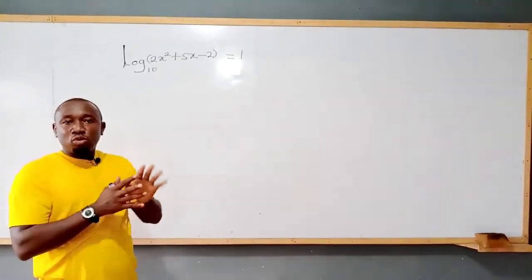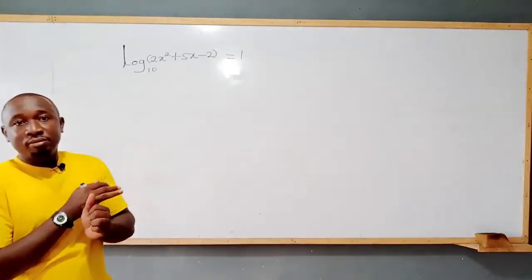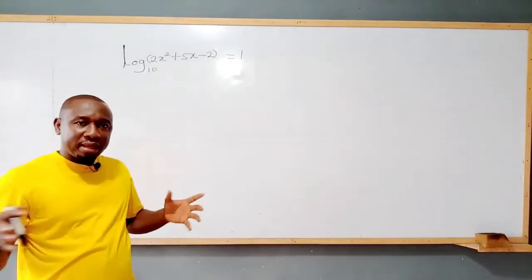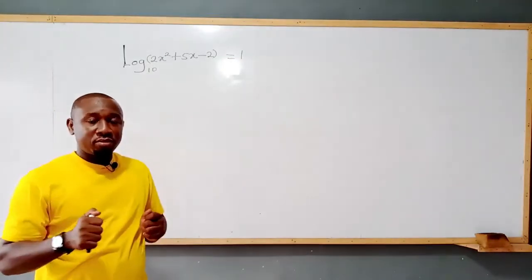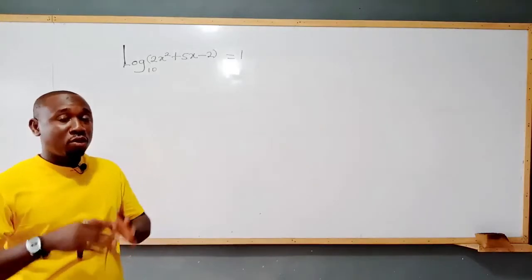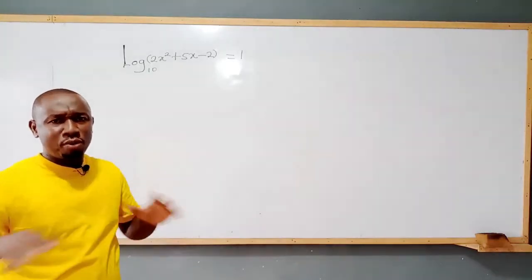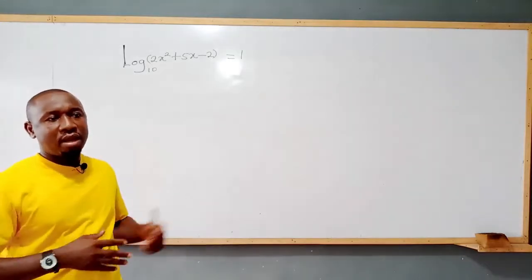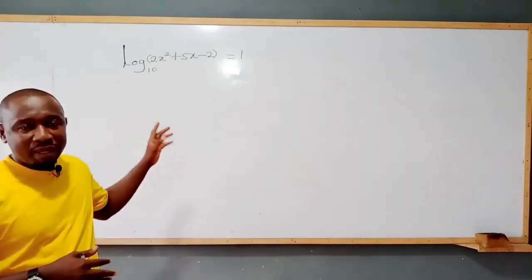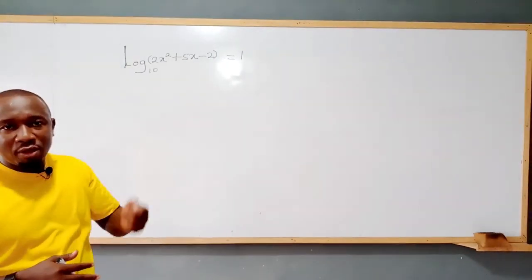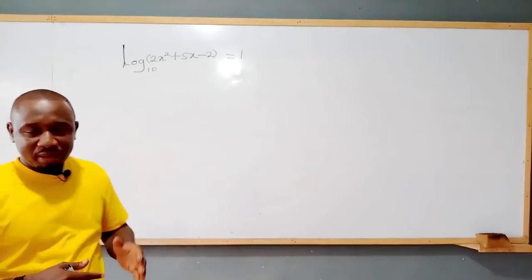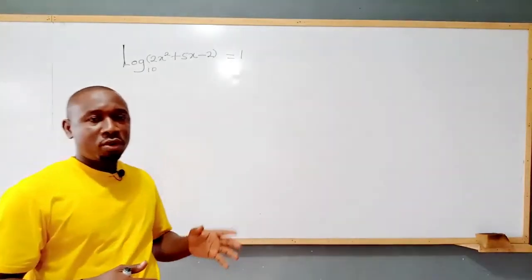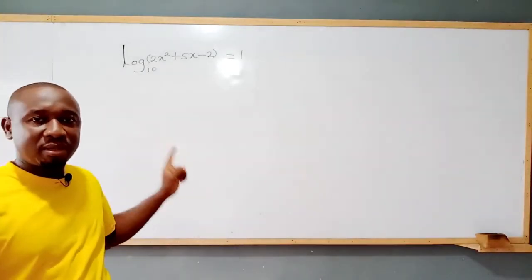When it comes to indices and logarithm and a topic like circle theory, if you don't know the properties, if you don't know the laws, there is no way that you'll be able to solve the question and get an answer. So it is better you familiarize yourself with the properties and also the laws before you can solve questions like this.